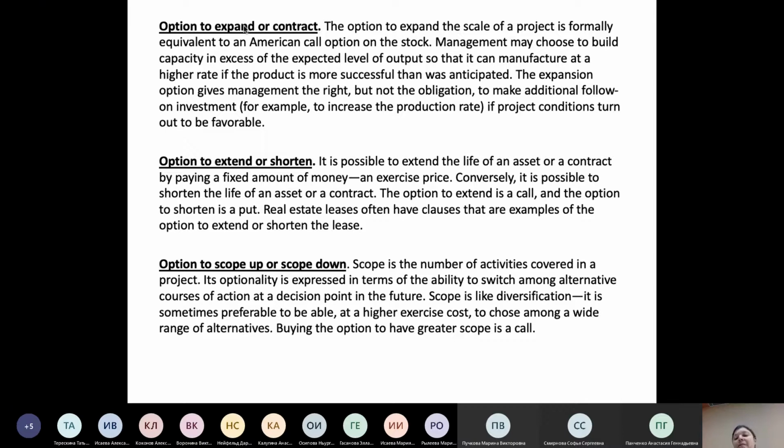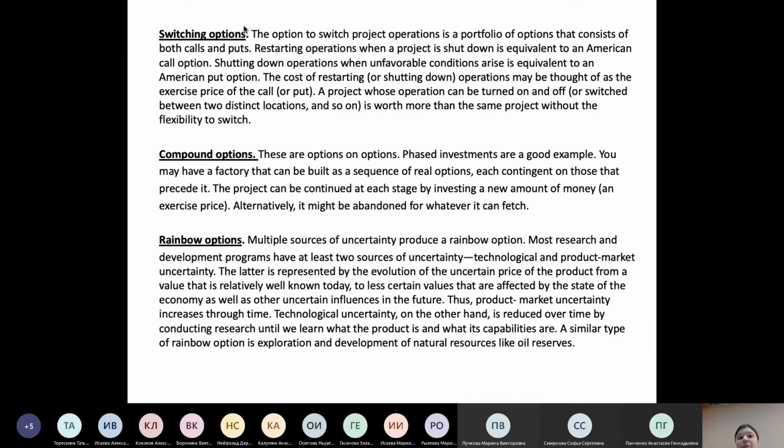Our scope is like diversification, and it means we receive the opportunity to increase or to decrease the diversification of our project. It's sometimes preferable to be able, at a high exercise cost, to choose among a wide range of alternatives and buying the option to have greater scope with a call option.